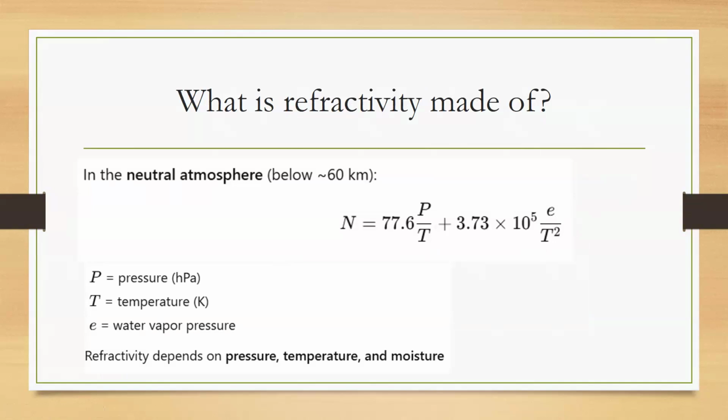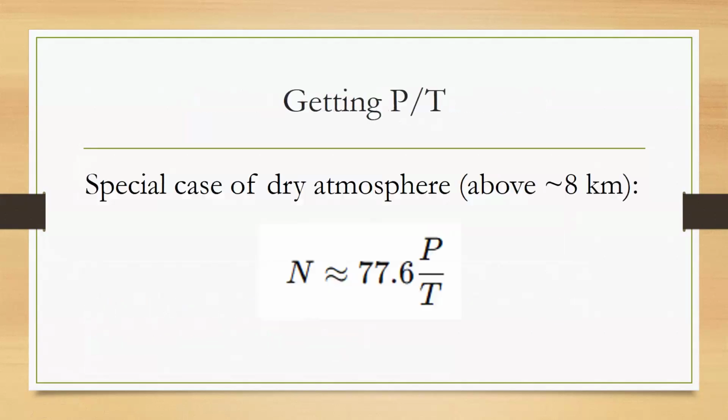So if you approximate it to zero, then we are left with the fact that the refractivity only depends on pressure and temperature at those altitudes. So with this, we have an expression for P over T in terms of the refractivity, which we already know.